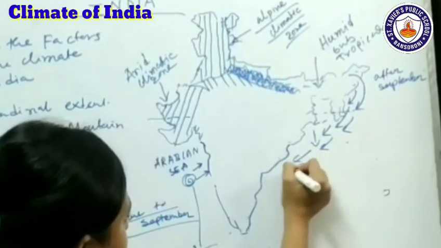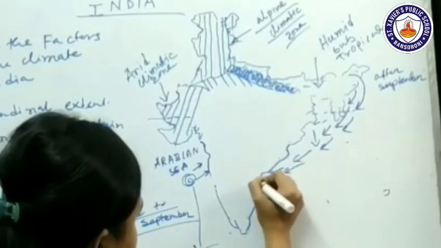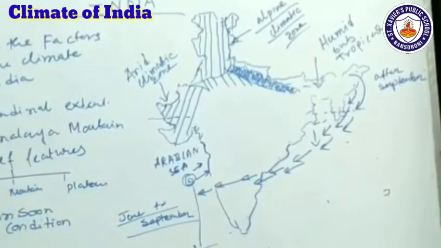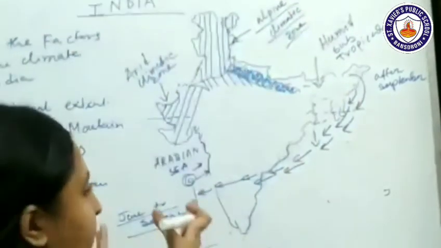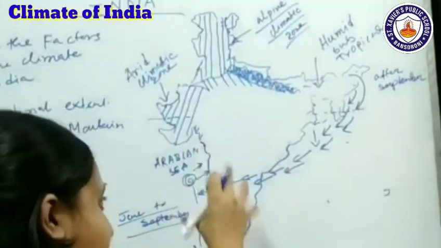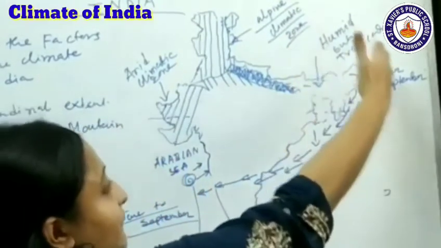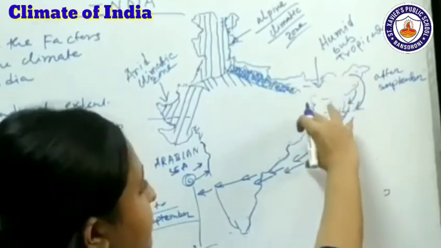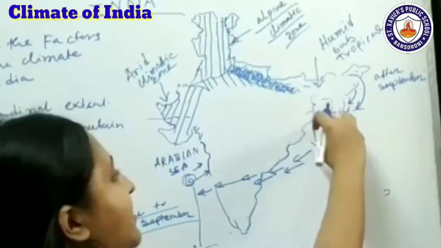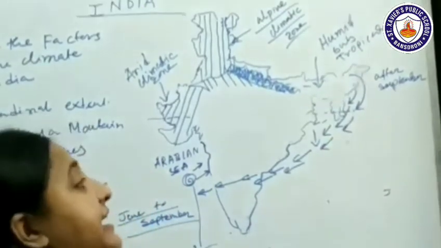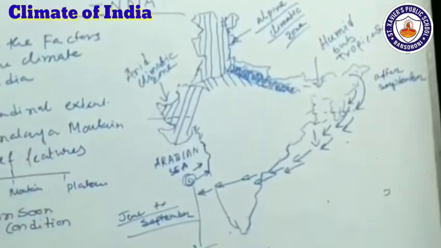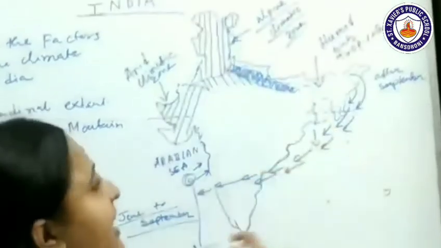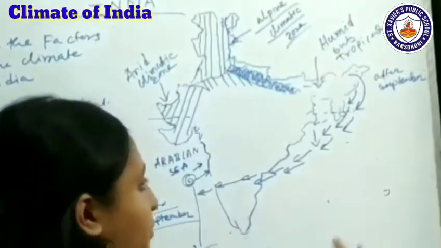It comes back from its origin, the source region. When it comes back, it falls over the Bay of Bengal. From the Bay of Bengal, when the wind is over the Bay of Bengal, it carries some moisture from that ocean, and it gets more powerful.